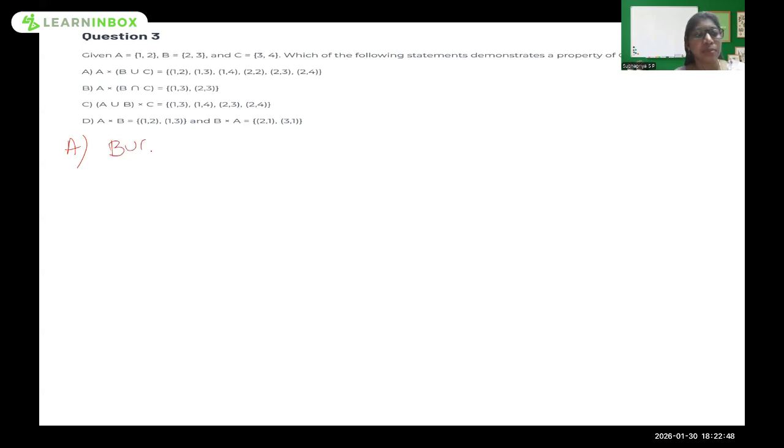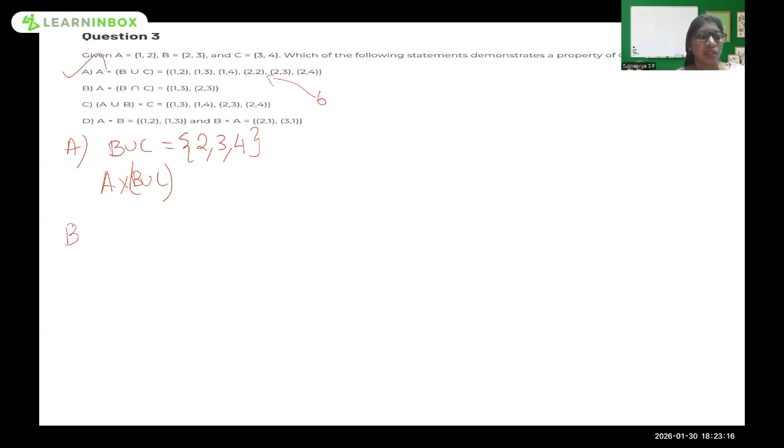So in LHS, B union C is what we have to find out first. It will be 2, 3, 4. And for A cross (B union C), in A there are 2 elements and in B union C there are 3 elements. Thus, you'll be getting 6 elements and it is being given right. So, the first is our correct one.